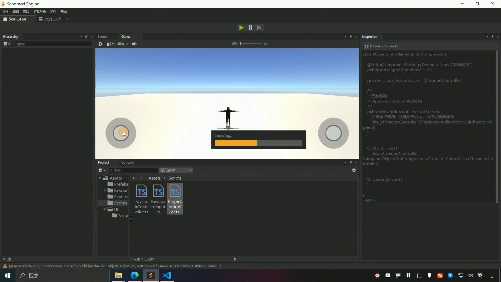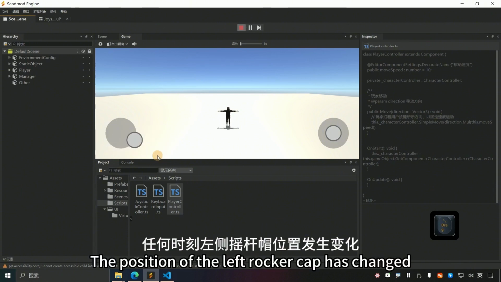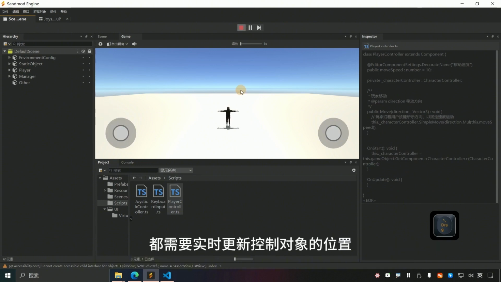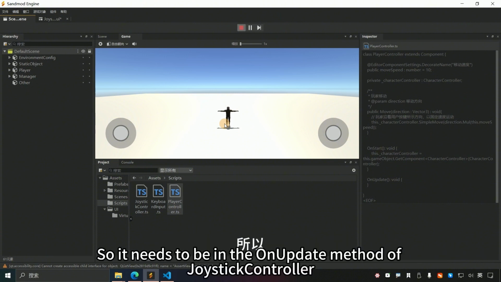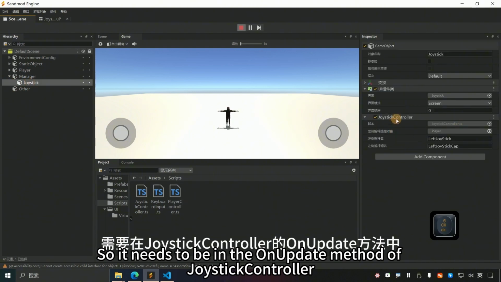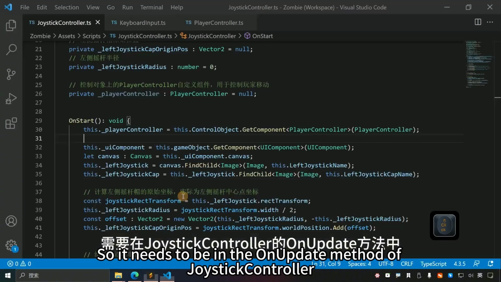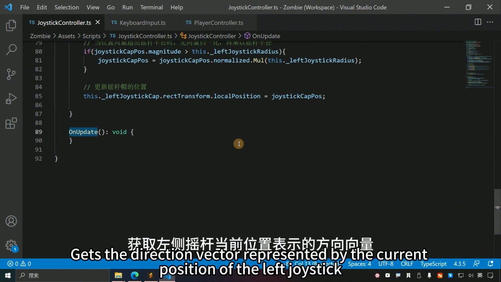And finally, anytime the position of the left rocker cap has changed, the location of the control object needs to be updated in real time. So it needs to be in the onUpdate method of the joystick controller. Get the direction vector represented by the current position of the left joystick.